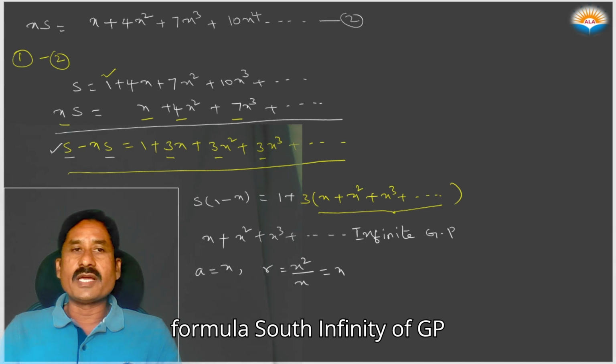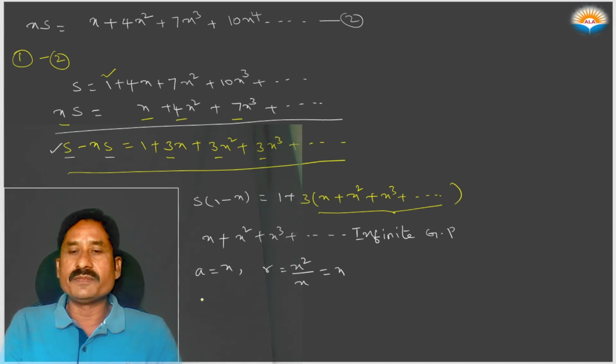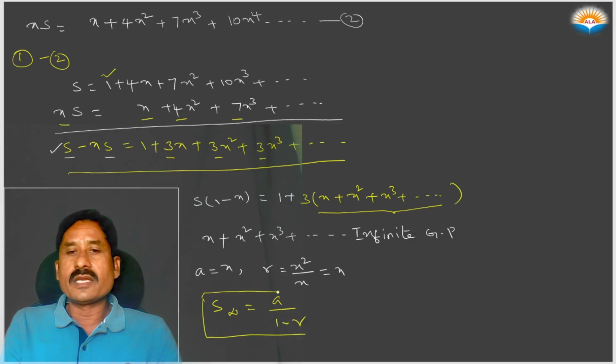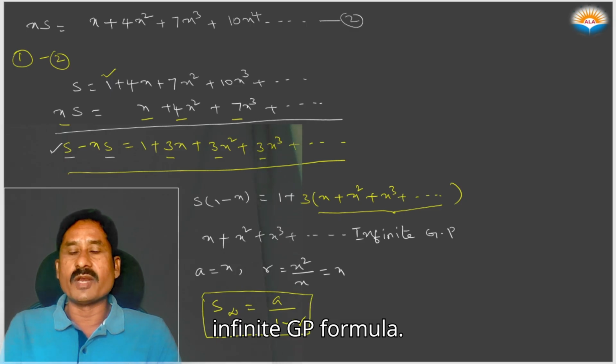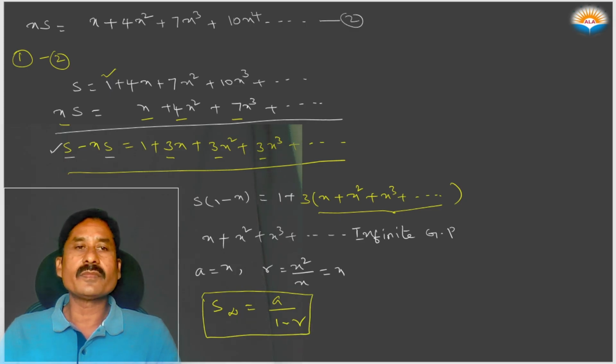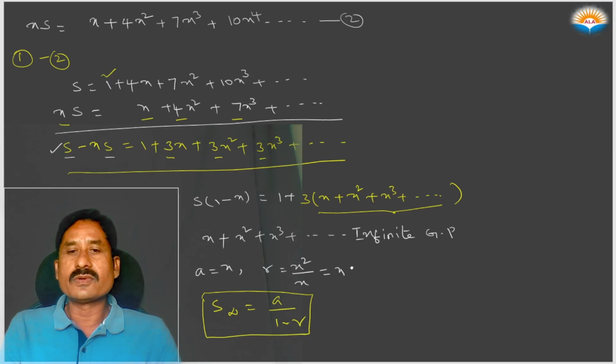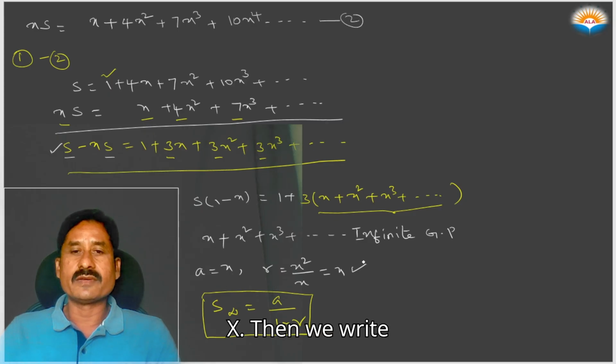We have a formula for S infinity of a GP: first term divided by 1 minus r. This is the sum of an infinite GP formula. Here a is equal to x, r is equal to x.